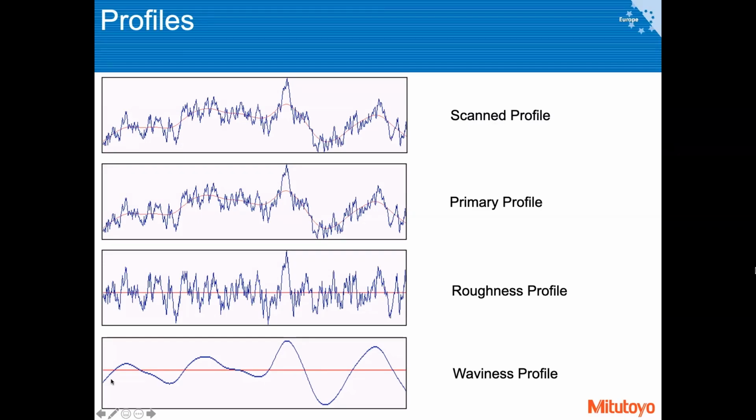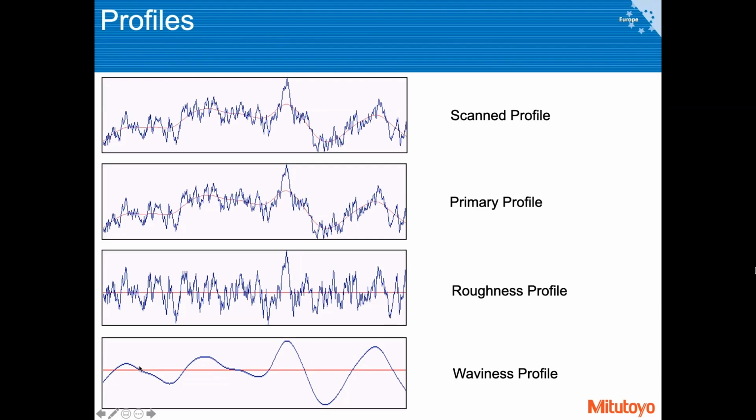Those waves with the longer wavelengths, so see, this is the period, this is the middle line of the profile, so the oscillation goes up, then it goes below the zero line and goes up again. So from here up till here we have one period of oscillation.